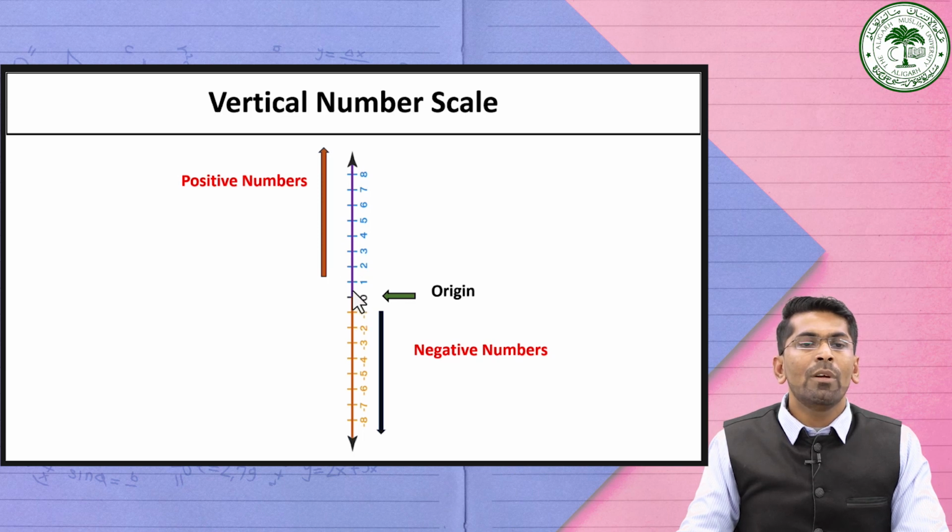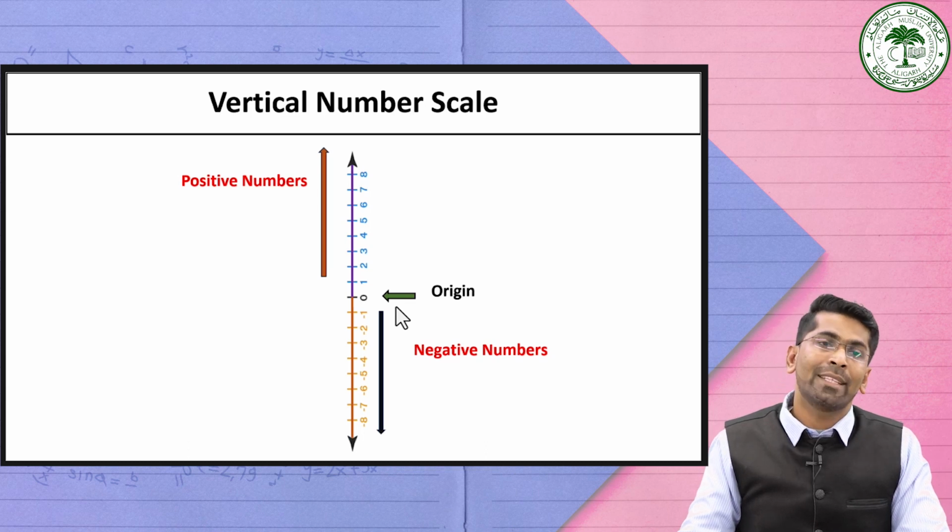The origin is also located in the middle, or center, of the vertical line, and the positive values extend upward and the negative values extend downward. It is generally used in the Cartesian coordinate system to denote the y-axis. So this is the vertical number scale and the horizontal number scale.